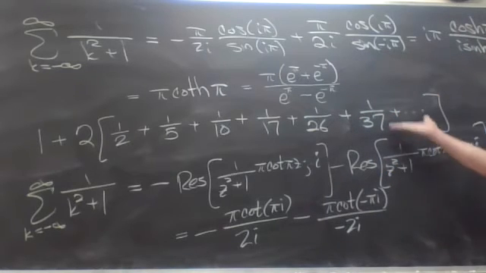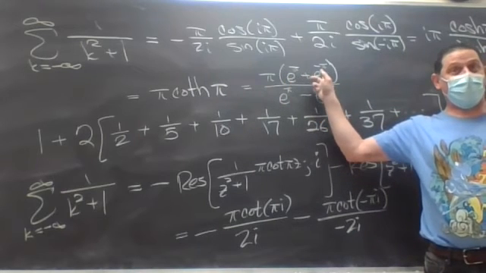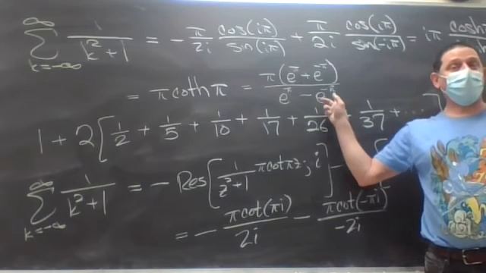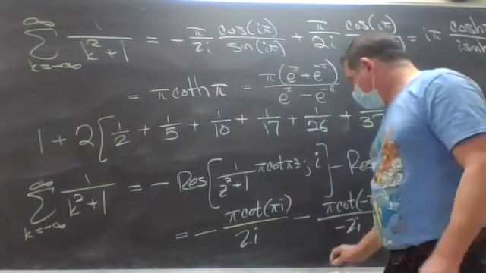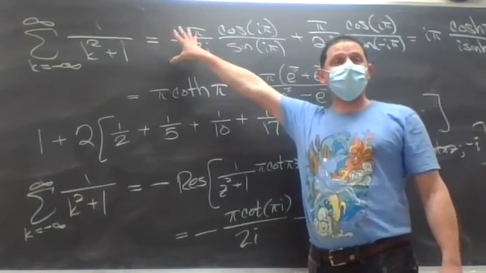It's kind of strange that that would be equal to pi times e to the pi plus e to the minus pi divided by e to the pi minus e to the minus pi. But it is equal to that. This is kind of a neat way to sum series.